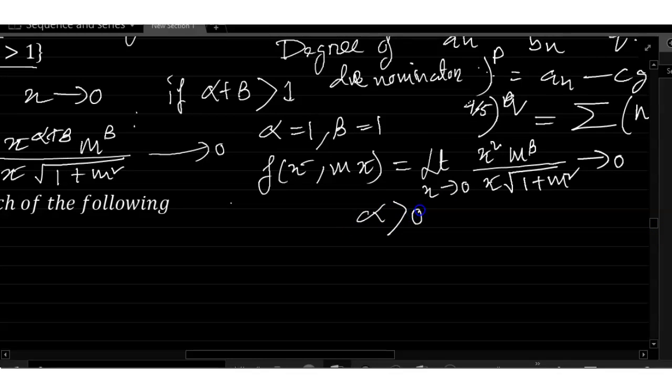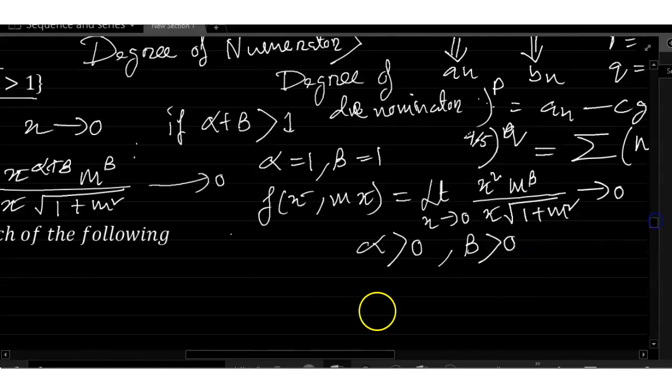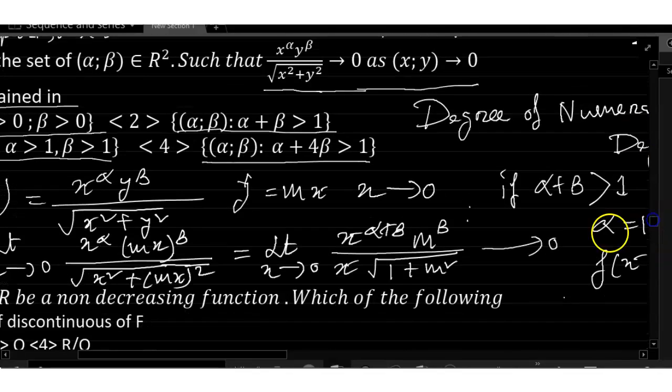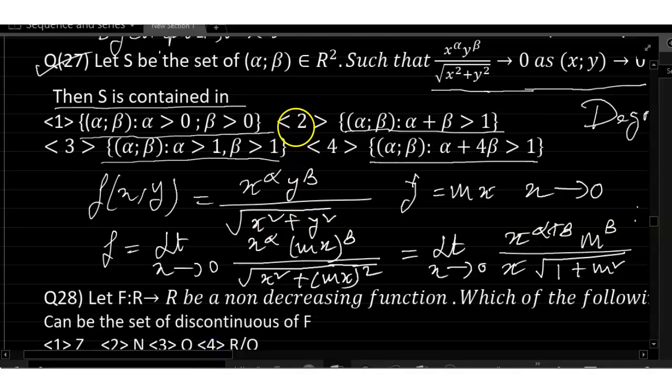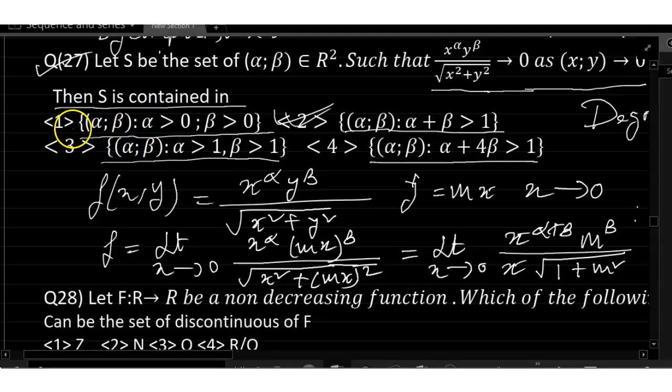So alpha greater than 0 and beta greater than 0. So my first option, this option is correct. The second option is correct. First option is wrong. Third option is wrong.